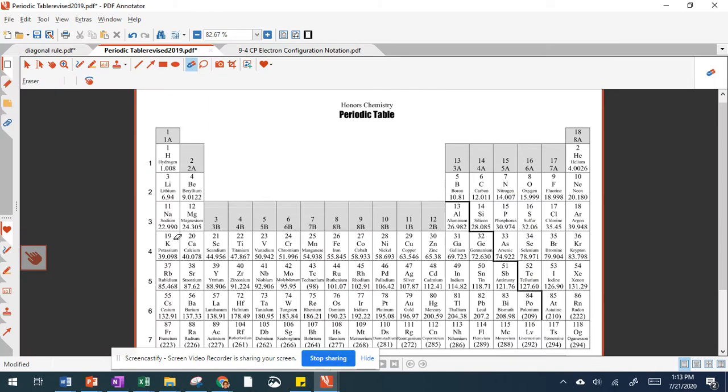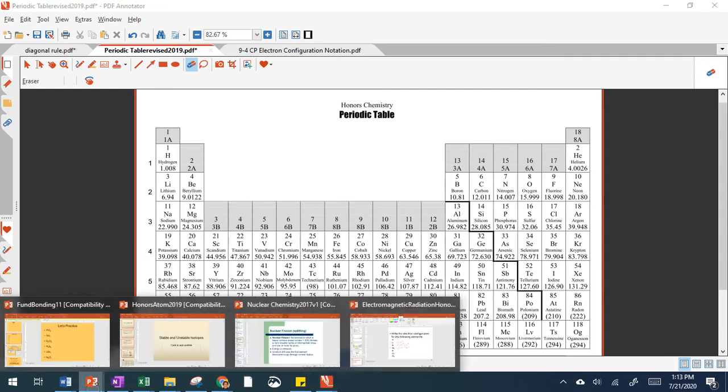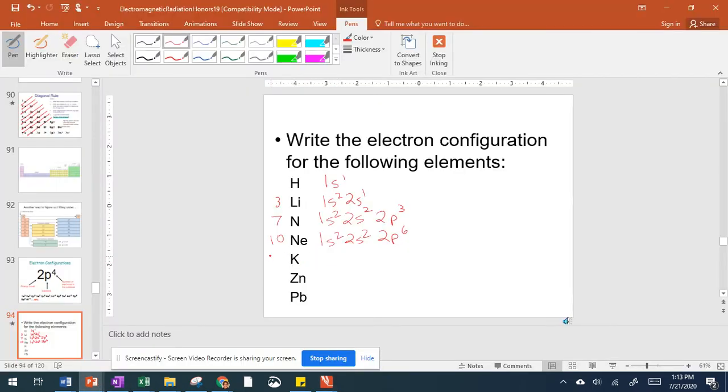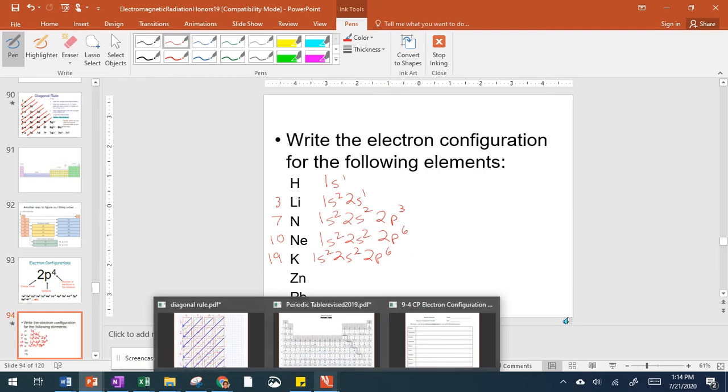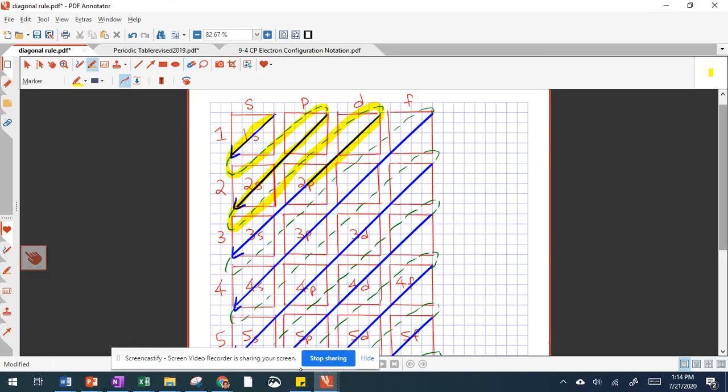Potassium, let's look at our periodic table. Potassium has an atomic number of 19. So let's go back to our slide. We have 19, 1s2, 2s2, 2p6, that's 10. So let's look at our diagonal rule. After 2p is 3s.